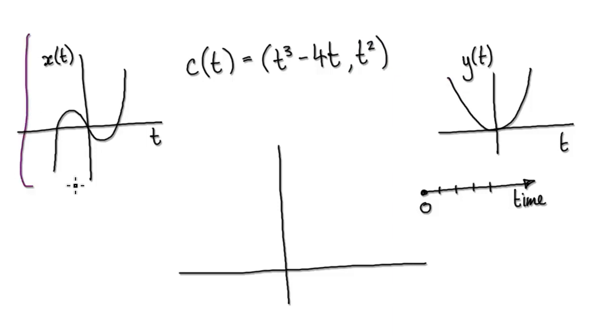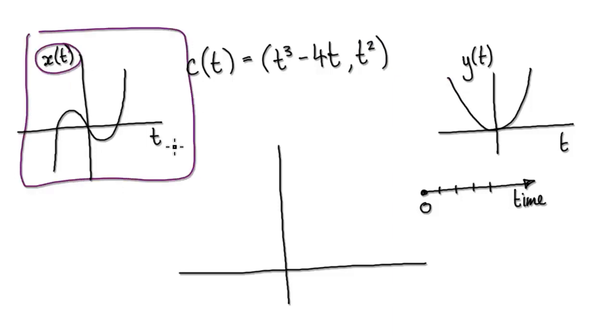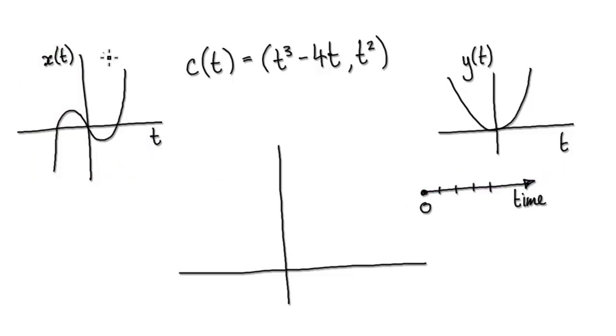Now looking at this, this tells you the x location for a given time. So imagine your timeline here: we're going to start from 0 and move towards infinity. As time moves on, you start here from 0 and head towards infinity.